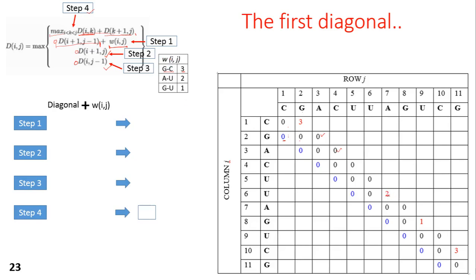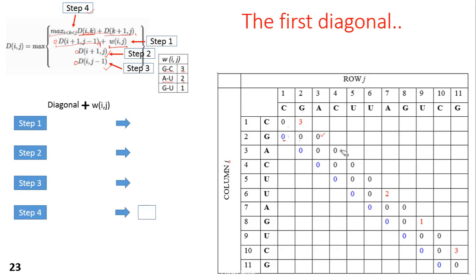We reach over here. This box corresponds to the base pairing of A with U. Now we have the weight value for A base pairing with U, that is 2. Therefore, we would populate it with 2. Similarly, we have a value of 1 over here and a value of 3 over here.